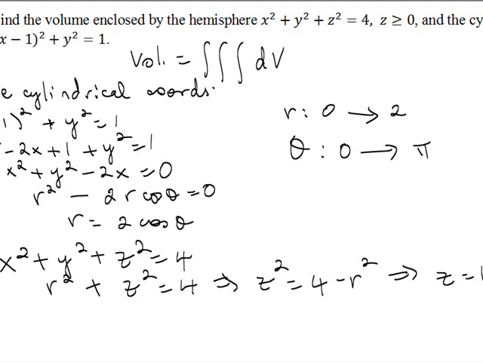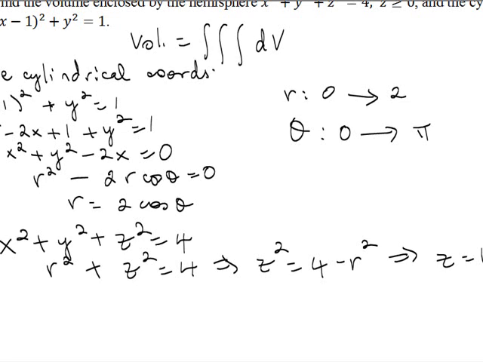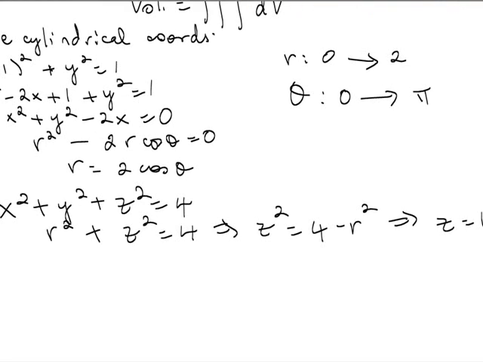You are free to use what you want. So in double integration, you would have these limits of the r and theta, but you'd be integrating square root of 4 minus r squared times r. Okay? But we're not going to do double integration. We're in triple integral, so let's do it that way. So let's set up.